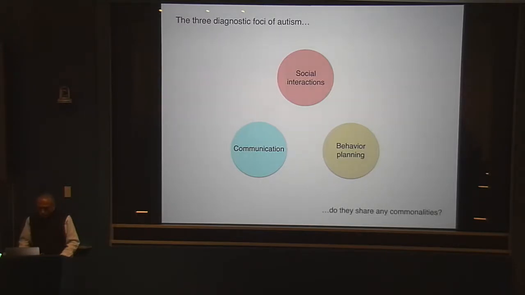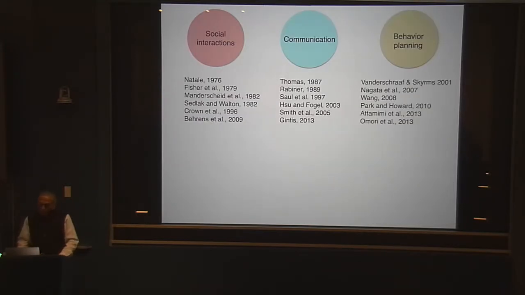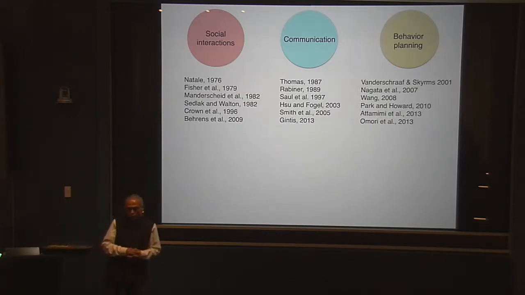So to try to make headway on this question, I turned to some of the theorizing that had gone on in each of these domains. So even without reference to autism, many researchers have thought about how best to conceptualize these different domains. These are very short representative lists of the very rich bodies of work that have looked at these domains.